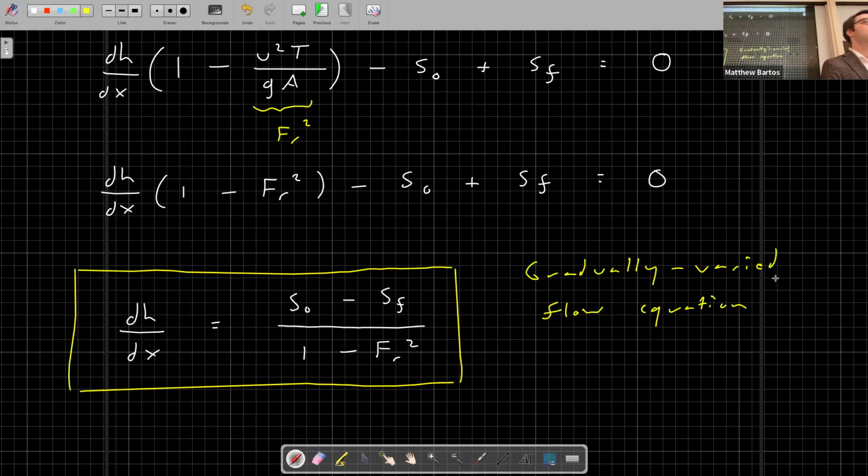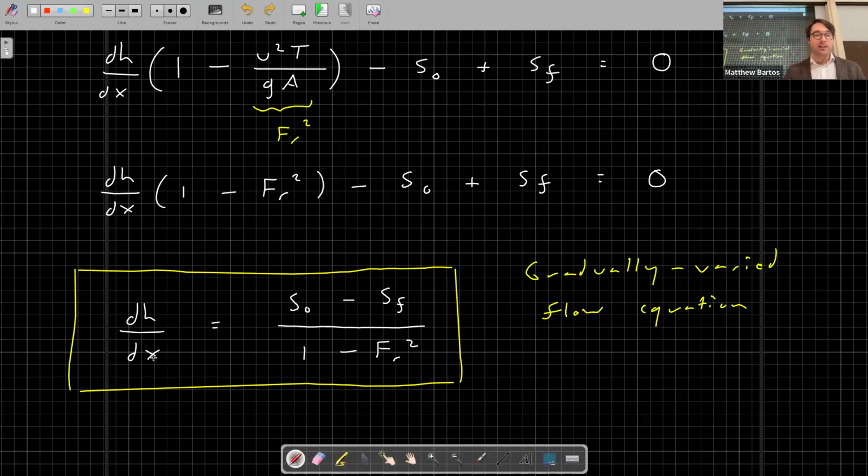It's a differential equation. What kind? First order. Is it an ordinary or a partial differential equation? This is an ordinary differential equation. All the derivatives are taken with respect to the same variable, x in this case.